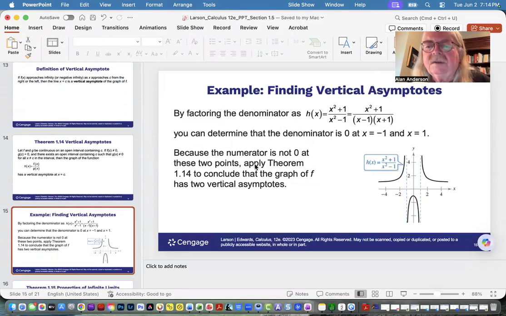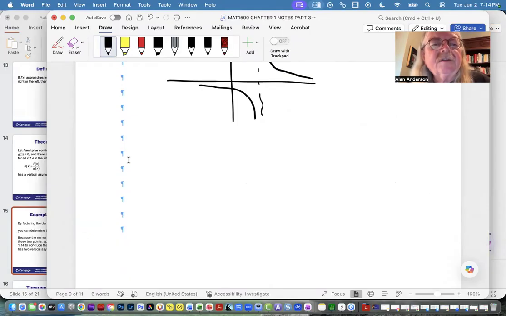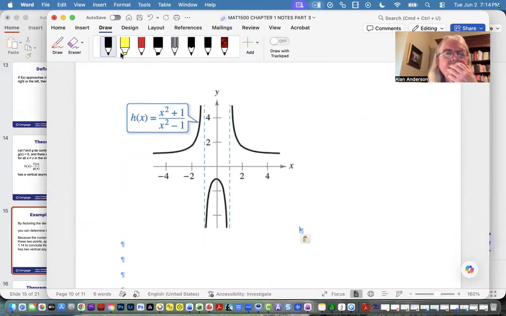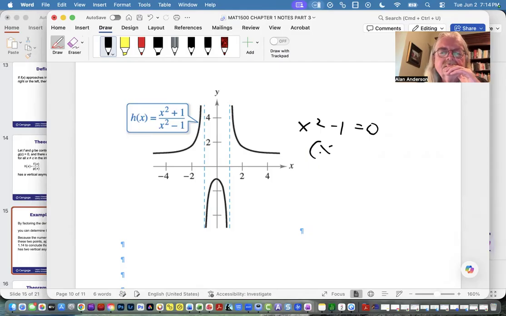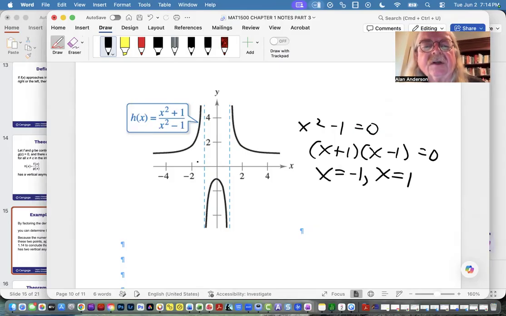Look at this one. We have two asymptotes. Now, the reason for that is because if you look at the denominator, it's a quadratic expression, which means if you set that equal to 0, there's two values of x where we have division by 0, -1 and +1.